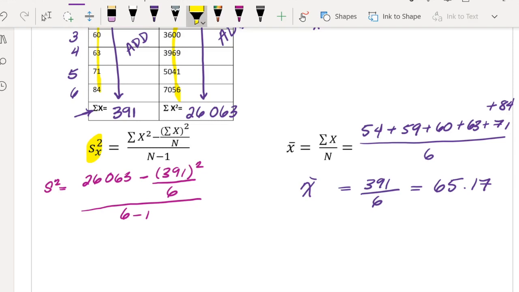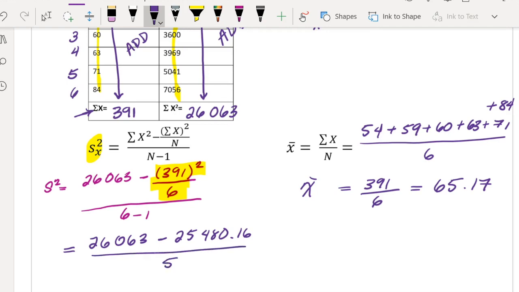I recommend doing this part first, and that is going to get us 26,063 minus 25,480.16 divided by 5. Cool.